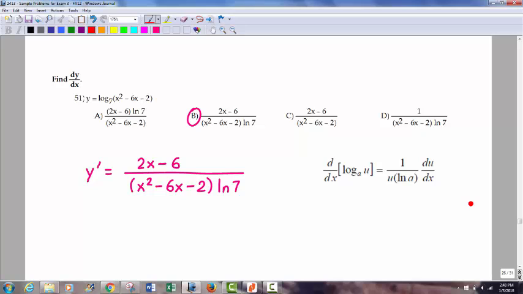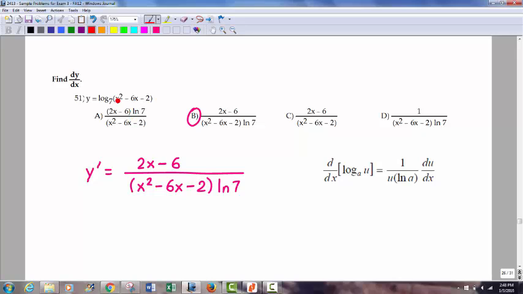And just like the last one, it could be modified to work for e, because e is a numerical base. ln is a logarithm, so this also works for ln, because natural log is a log with base e. So if you were doing ln of u and you put e right here, ln of e once again is 1. So you'd get 1 over u du dx, or du dx over u. So that would also produce the natural log. So it works for any log.